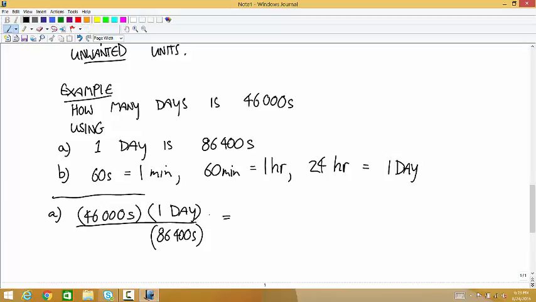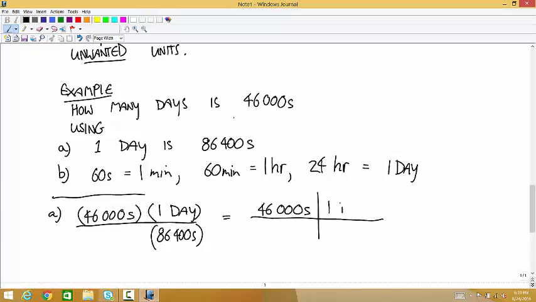I'm going to use a shorthand to write this. I think probably everyone who's taken chemistry here has used this same shorthand. Instead of writing out all these parentheses, I'm going to write it as 46,000 seconds. There's the division line. And the things that are in parentheses, I'm just going to separate with vertical lines.